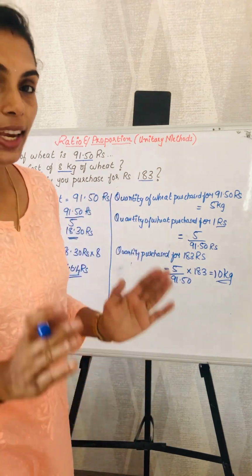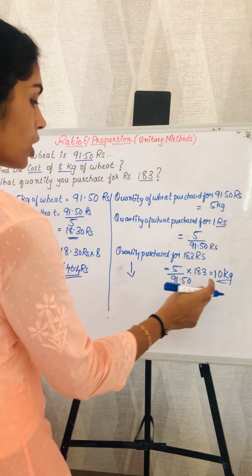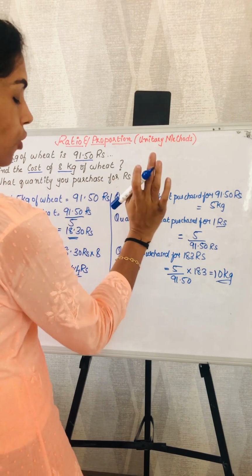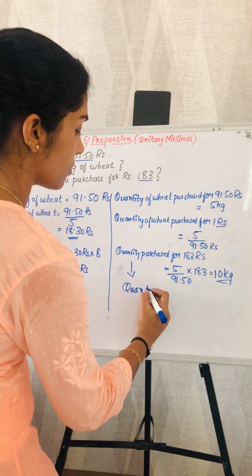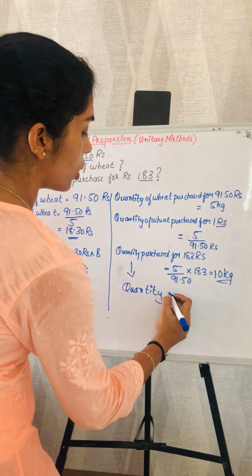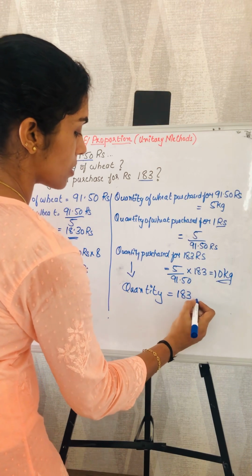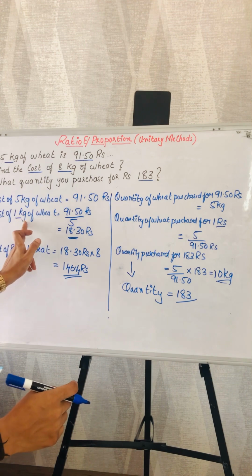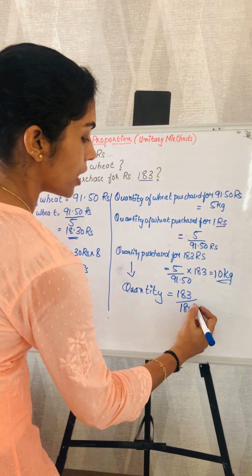So there is also an easy method how to solve this one. Now what quantity you can purchase for 183 rupees, right? So we want the quantity. What is our question? That is 183 rupees. Now what do you have with you? You have the cost of 1 kg of wheat, that is 18.3.